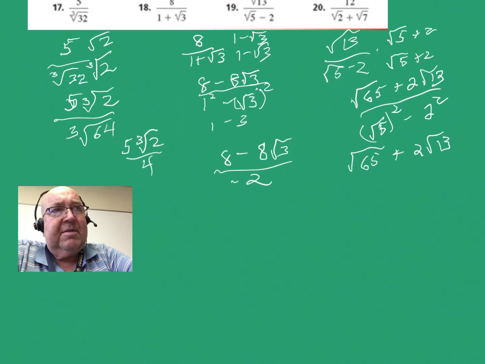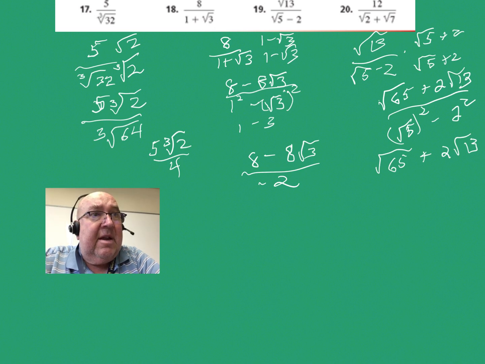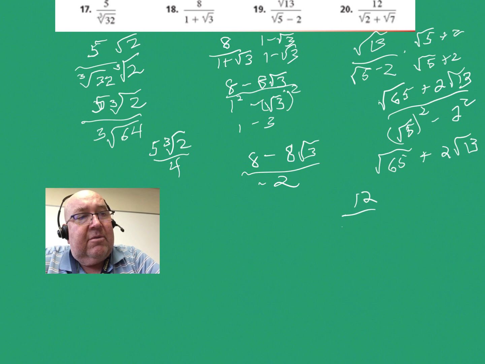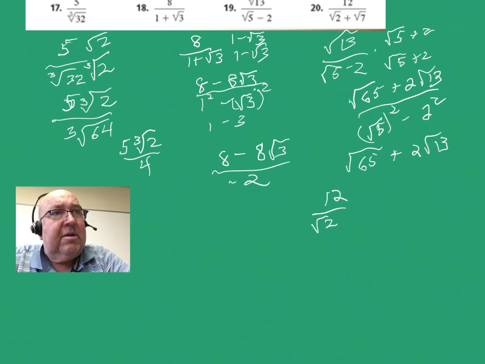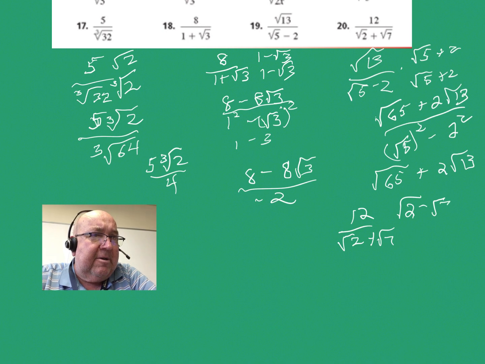Go up to do number 20. The problem is 12 over radical 2 plus radical 7. The conjugate is going to be radical 2 minus radical 7.